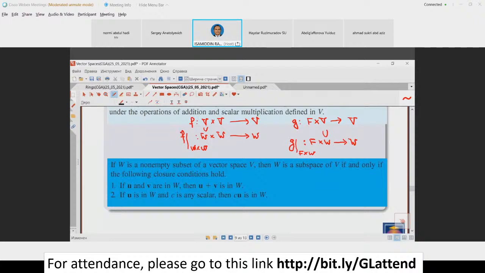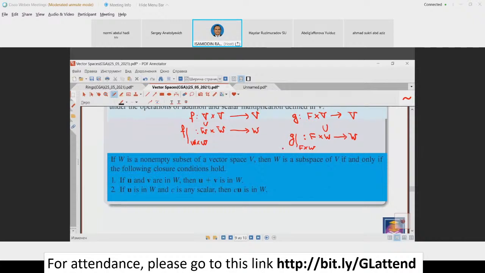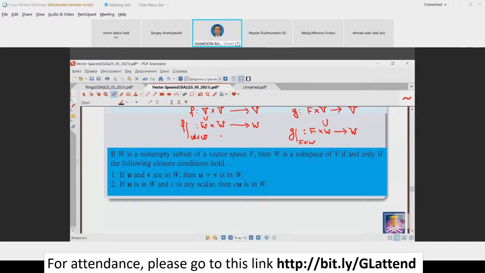If the images of these two functions are in W, then W is a subspace.